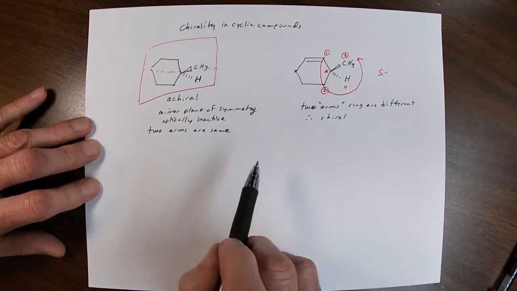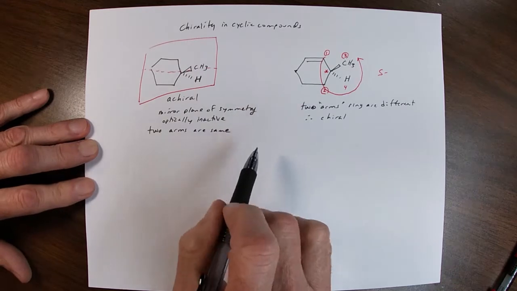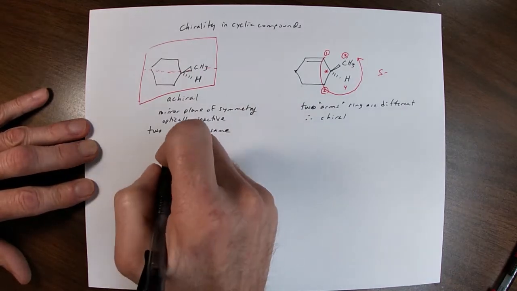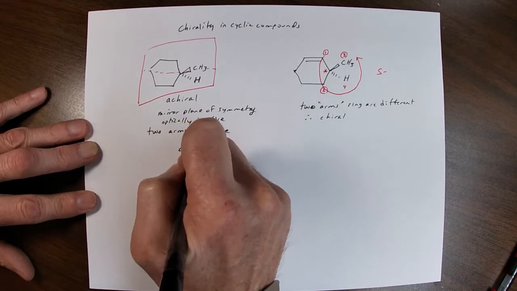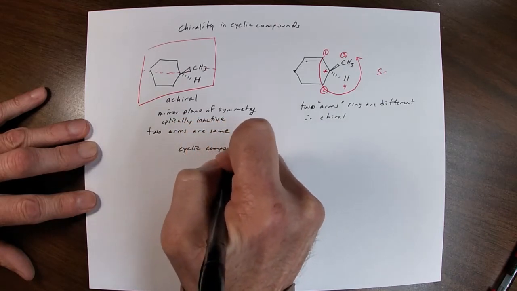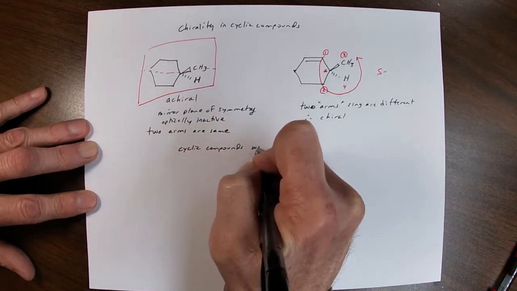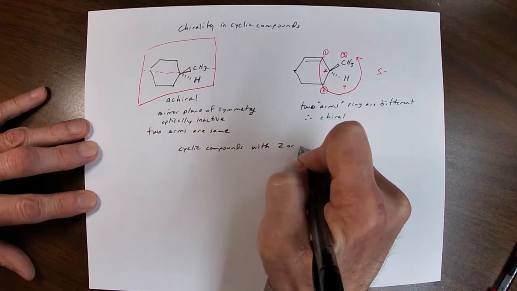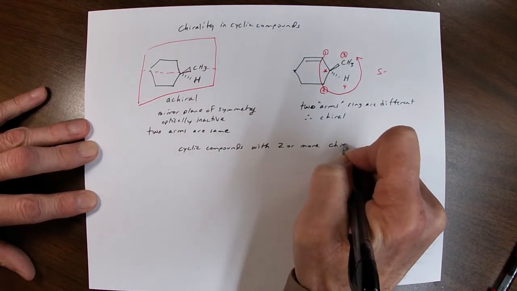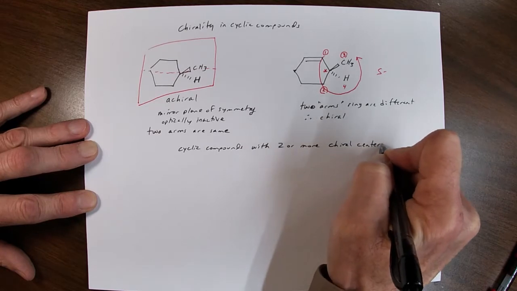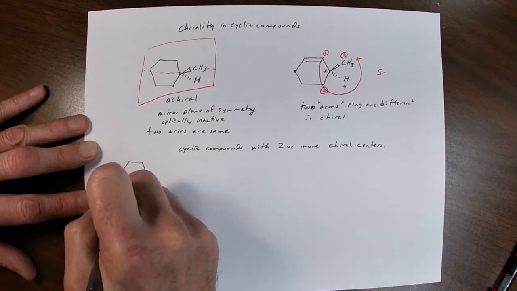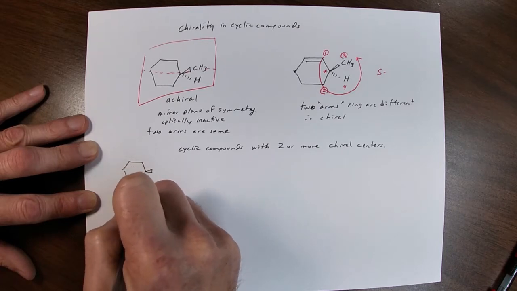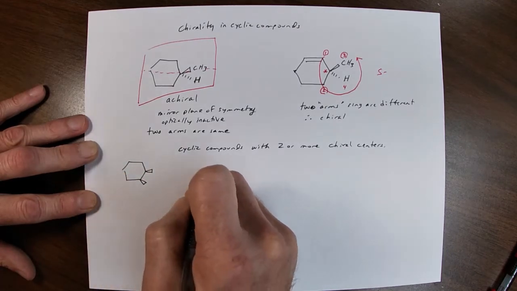Okay, so chirality in cyclic compounds. Let's look at cyclic compounds with 2 or more chiral centers. Okay, and we've looked at cis and trans 1,2-dimethylcyclohexane.